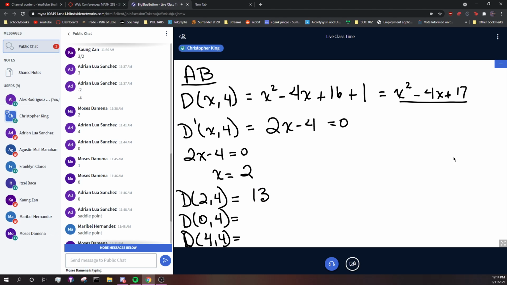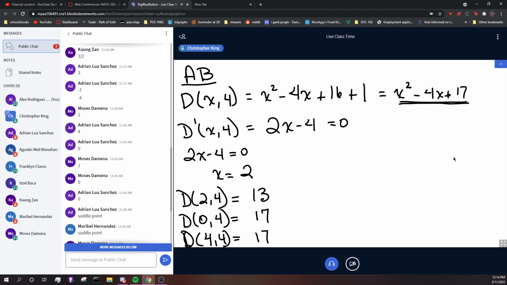Okay. So next, if I plug 0 into here, what will I get? I'm going to get 17. Okay. Now, I already know what d of 4, 4 is, which is what? 17. Okay, so I've got all the values that are created along the segment AB.